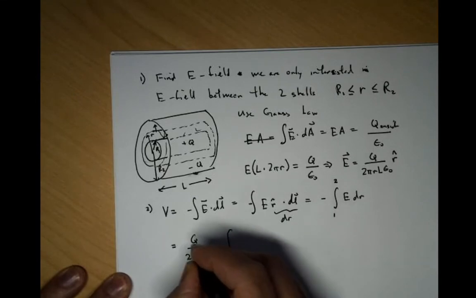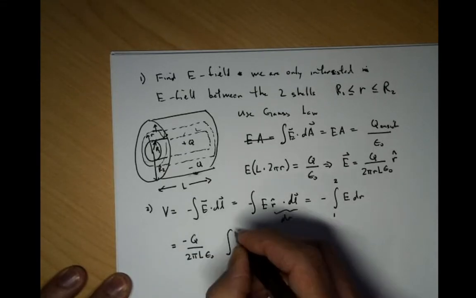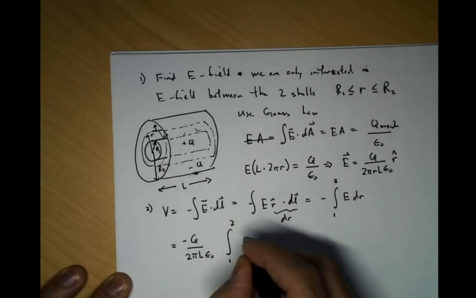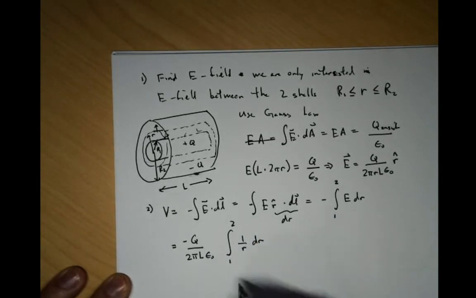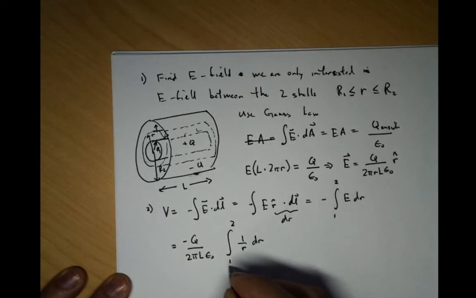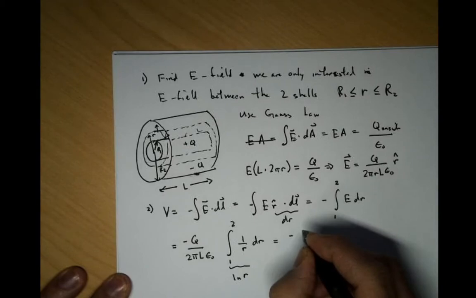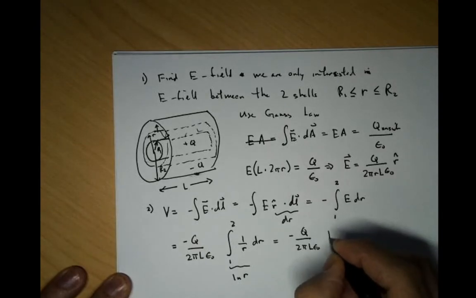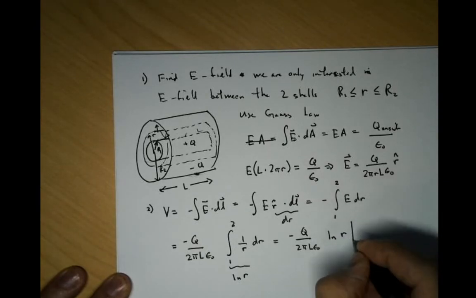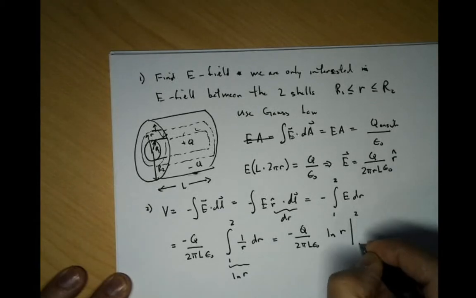Integral, don't forget the minus sign, 1 to 2, so it's 1 over R dr. So what is this? Well, that's just the logarithm of R, so minus Q over 2 pi L epsilon naught, the logarithm of R evaluated between 2 and 1.